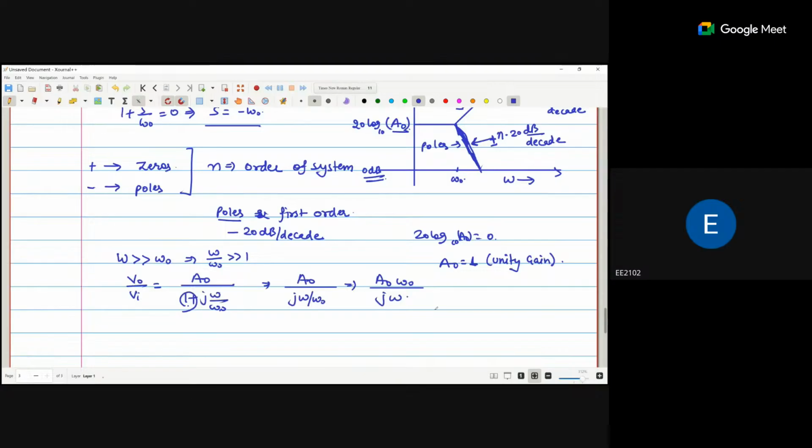Okay, and this V naught upon Vi is what? It is 1. So that means the magnitude of A naught omega naught upon omega is 1. So that means omega is A naught omega naught. So this cutting point is A naught omega naught.